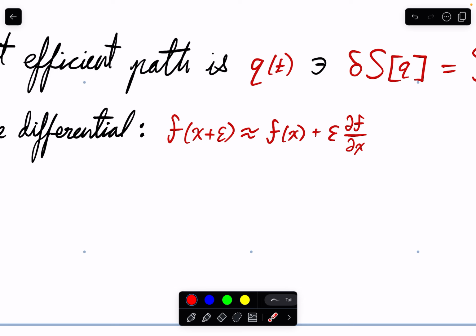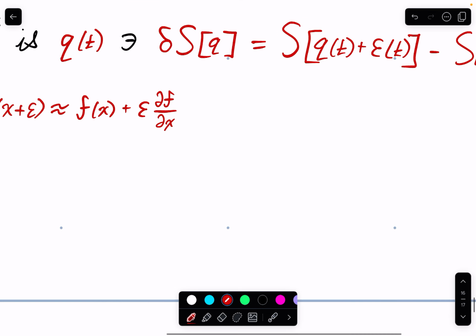If we perturb it slightly, then the amount that it's been perturbed times the rate of change in that particular direction gives you what the total function is. And this works for functionals in the same way.